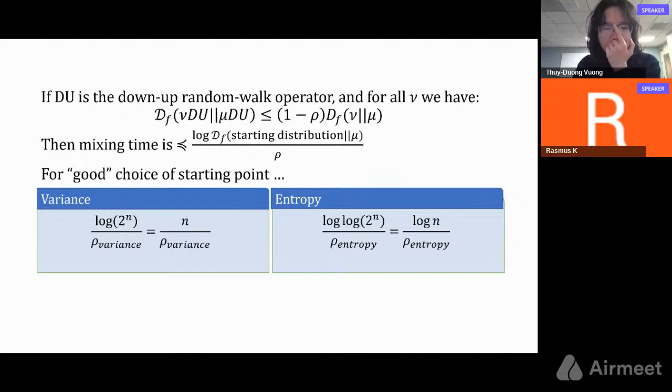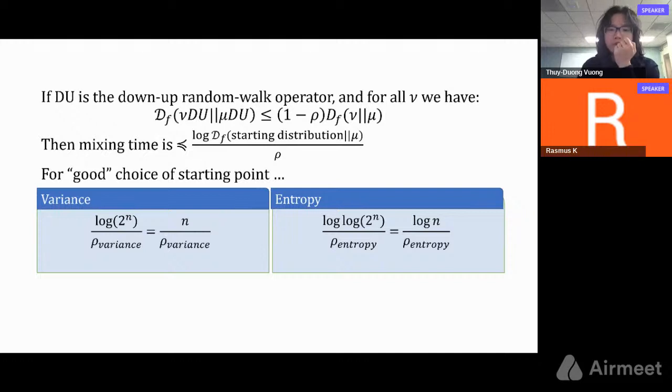This means that having a good lower bound on the entropy contraction leads to a better bound on mixing time. On the variance side, you can only bound the mixing time by n divided by rho variance, but on the entropy side, you can bound the mixing time by log n divided by rho entropy. So if rho variance and rho entropy are roughly the same, then by bounding the entropy contraction, you are gaining a factor of n in the mixing time.